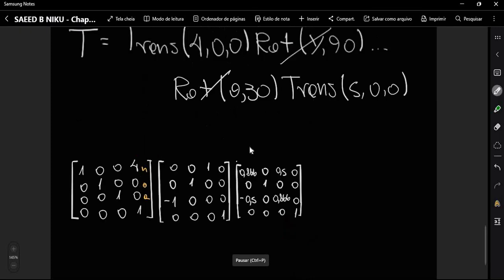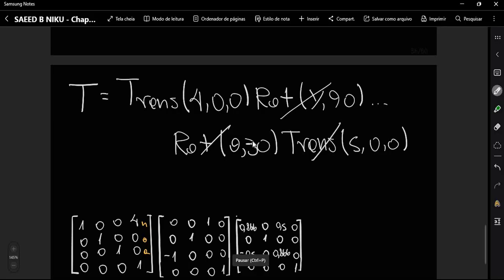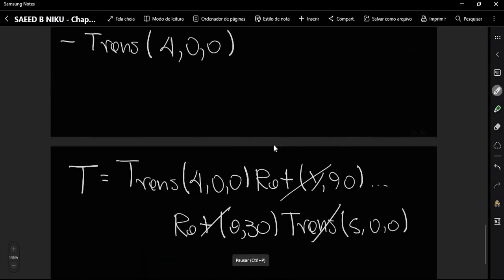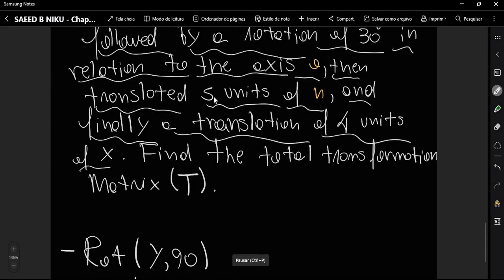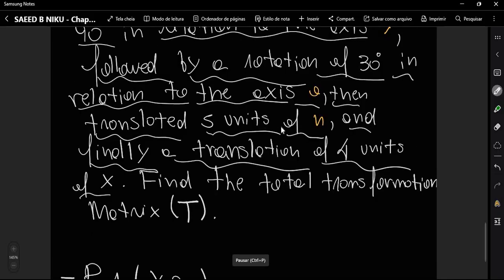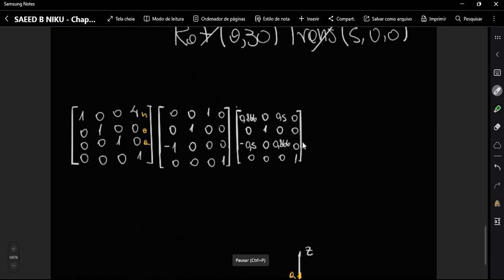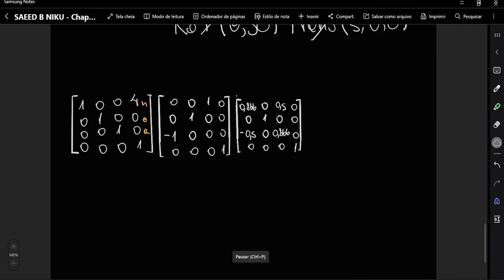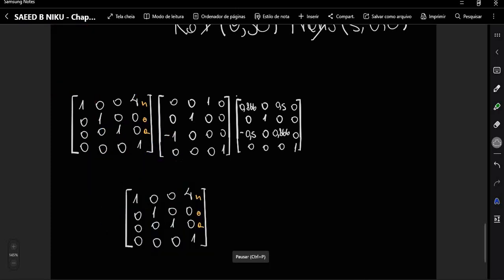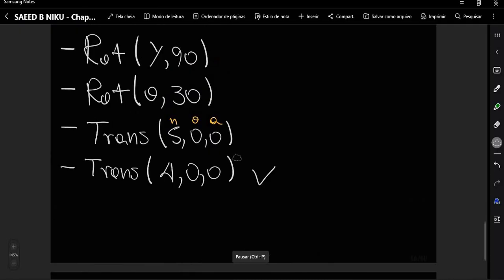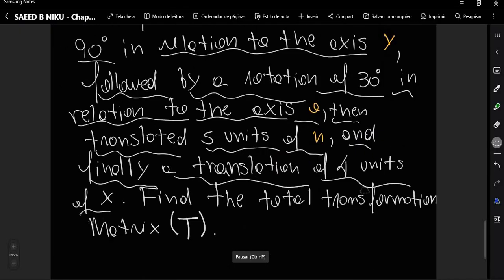And for the last, we have a translation transformation of 5 units throughout the axis. It is the same as this one, but you were saying that this is a transformation of translation of 4 units throughout the axis x.